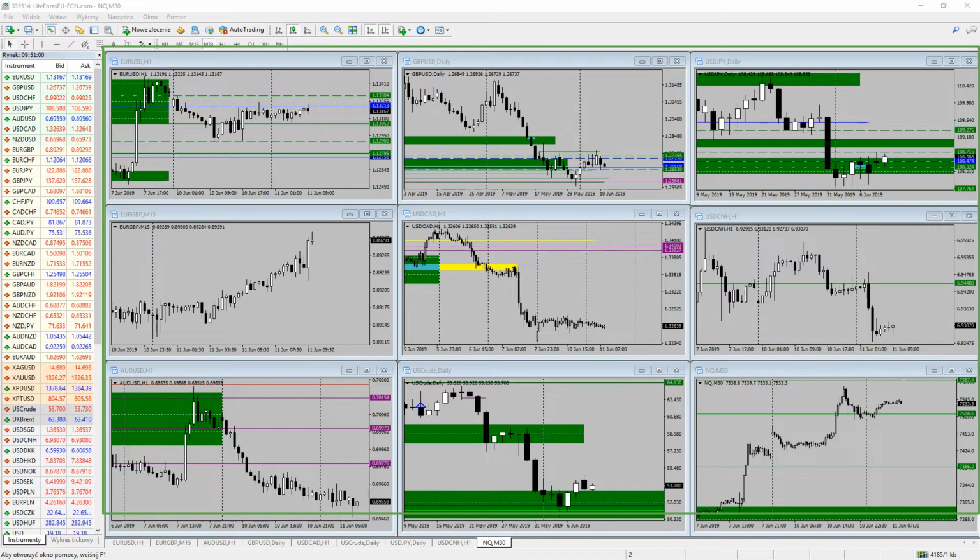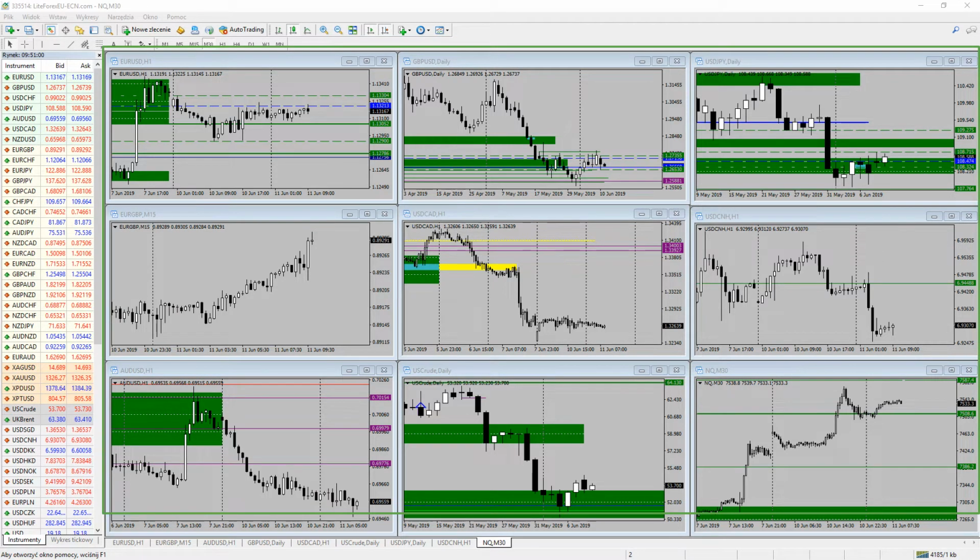Because what I like to do, once in a while I'm checking the monthly chart, so I know where we are from the higher time frame perspective, right? And I like to place a few lines or a few zones based on the monthly chart.